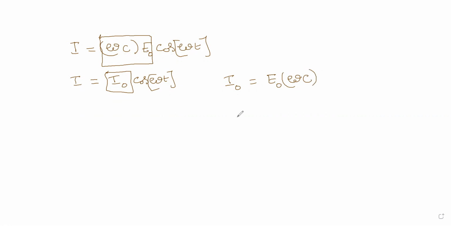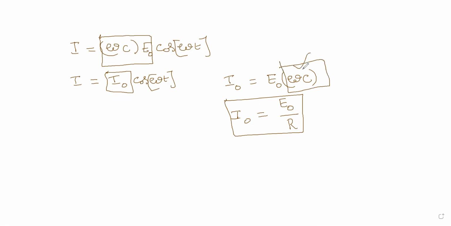Now we compare with Ohm's law. What is Ohm's law? I0 = E0 by R. That is Ohm's law, right? Now instead of 1 by R, what is here? ωC. So ωC is playing the part of the inverse of the resistor.